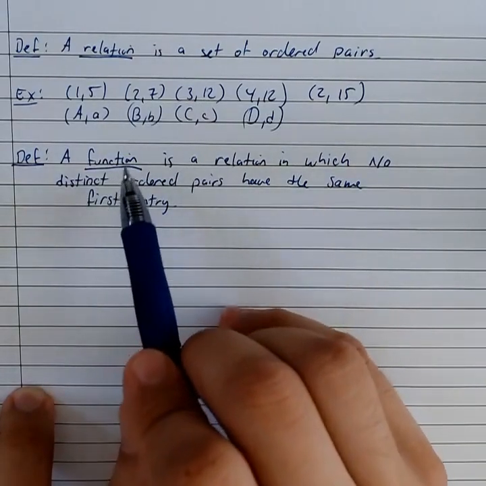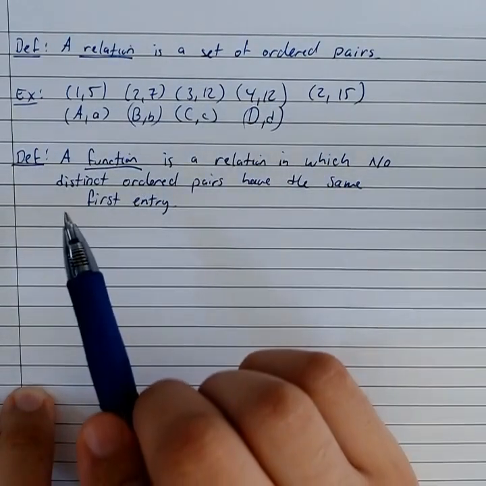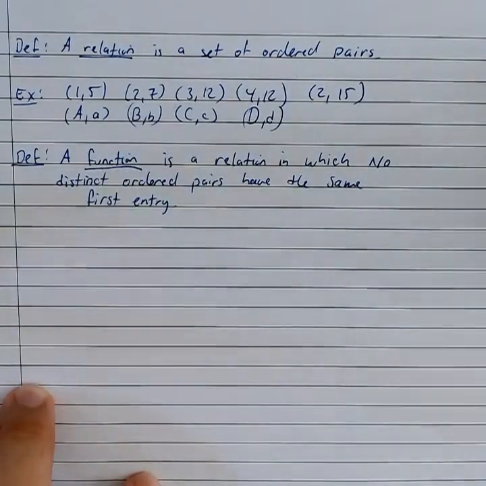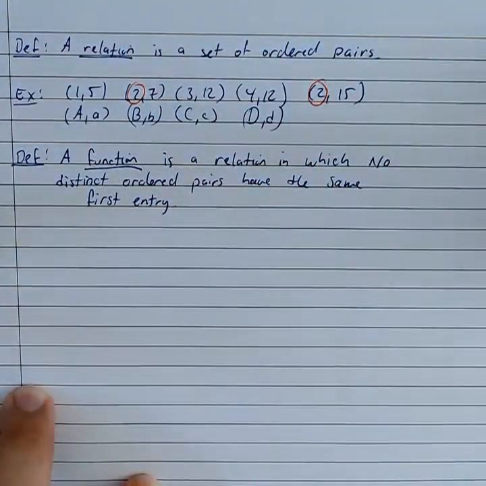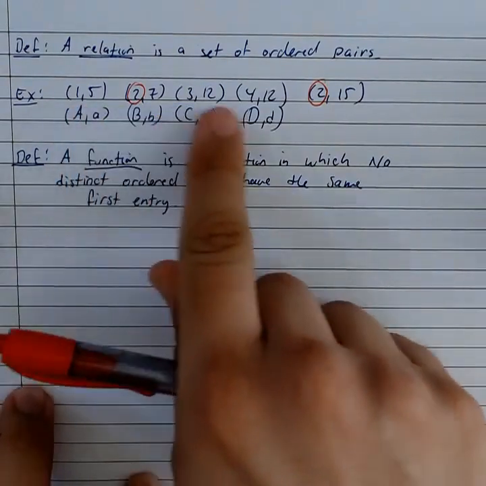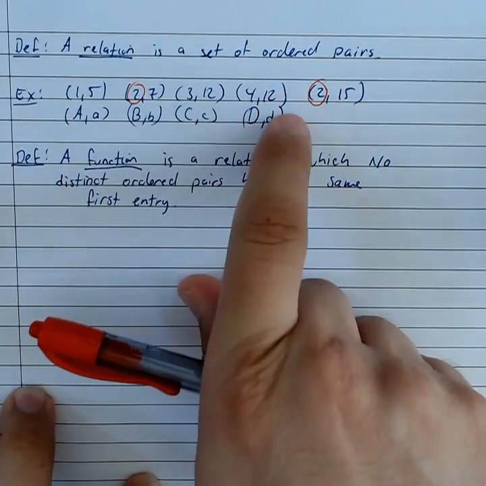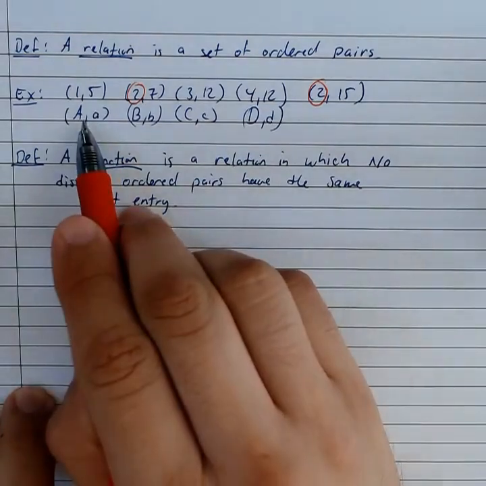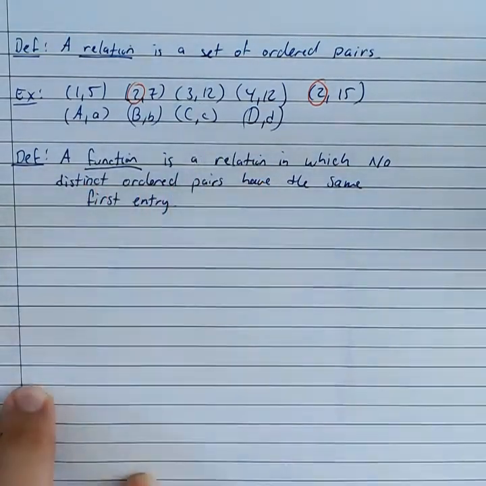To be a function, none of the ordered pairs that you have in your relation should ever have the same first entry. Here, you notice that this ordered pair and this ordered pair have the same first entry. So here, even though this is a relation, because you have two different ordered pairs that have the same first entry, that wouldn't qualify as a function.